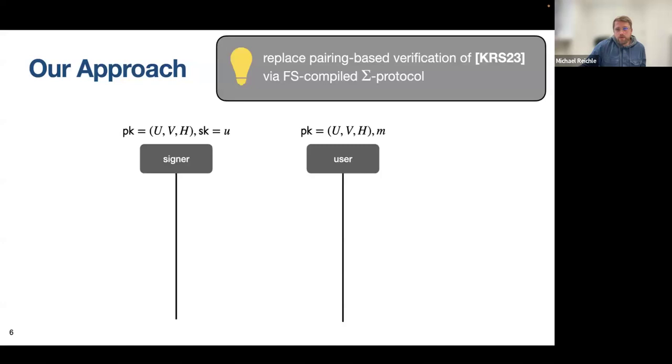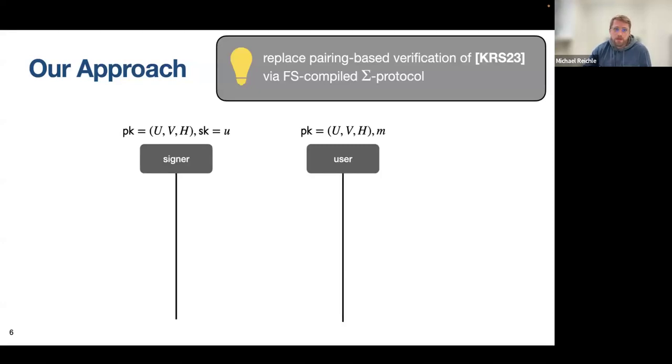And in order to come up with our construction, we essentially do something very similar and intuitive. Instead of basing our construction on blind BLS, or for example, BS3 in their papers, also based on another pairing-based blind signature, we choose a recent scheme from KRS 23.